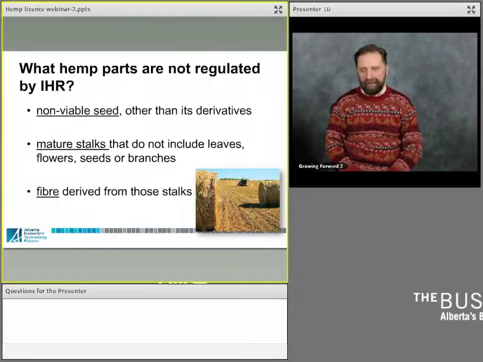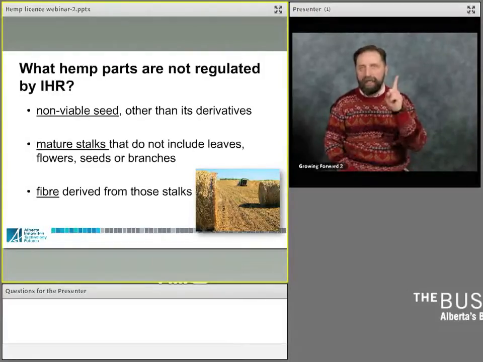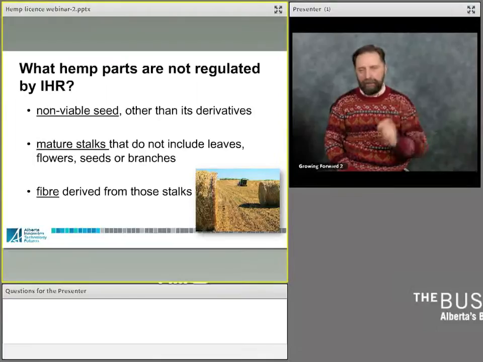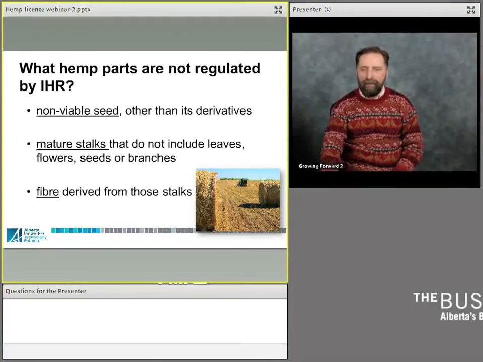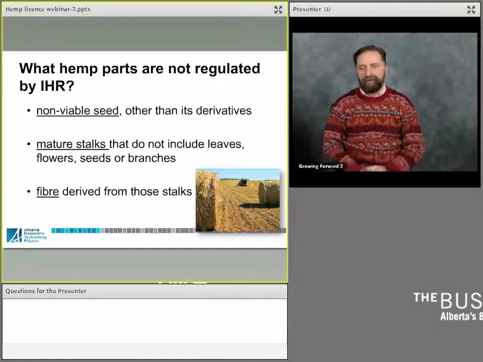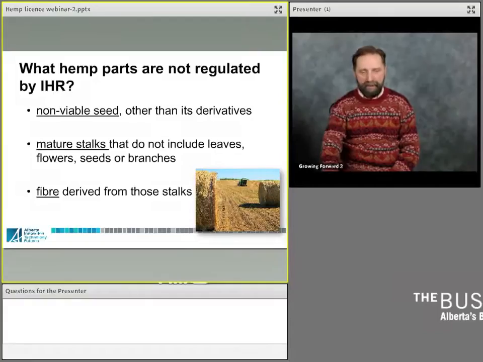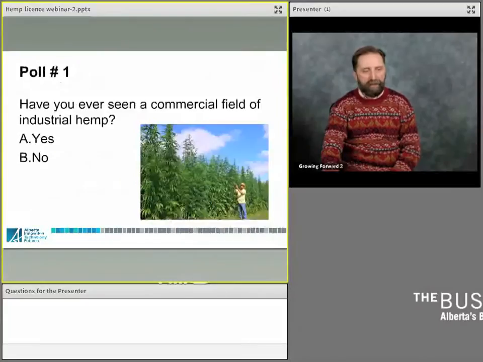These bales, this hemp straw, as long as it doesn't contain leaves and seeds, is not regulated. And finally, if you decorticate or separate fiber, there are two types of fibers that I was talking about, and generate long fiber or short fiber, the fiber derived from these stalks is also not regulated. Okay, so keep in mind we have three non-regulated hemp parts as per industrial hemp regulations.